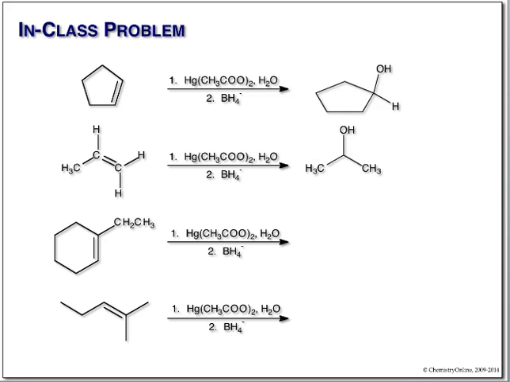Our mercurinium ion will form between the two carbons of the alkene. Hydroxyl group will go to the carbon that will give the most stable carbocation. Once again, tertiary carbon, secondary carbon, hydroxyl group here.